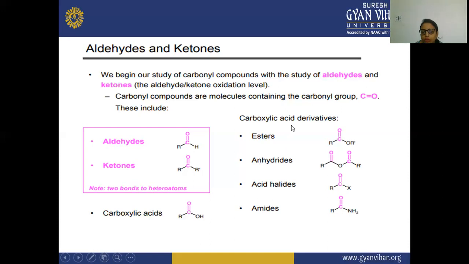The carboxylic acid derivatives contain esters, anhydride, acid halide, and amide. In your esters, this carbonyl compound is attached on one side to your alkyl group and on the other side to OR dash, that is another alkyl group.